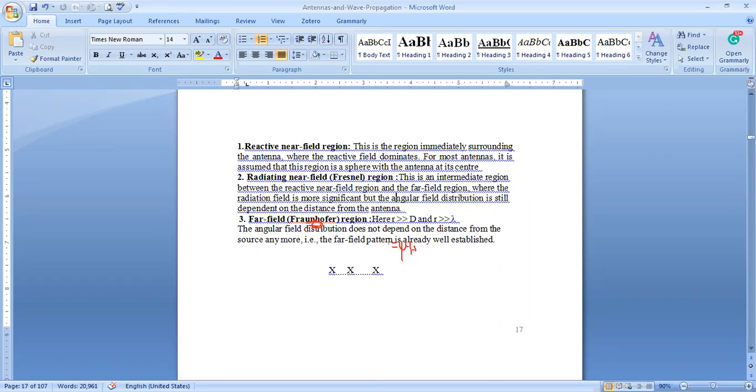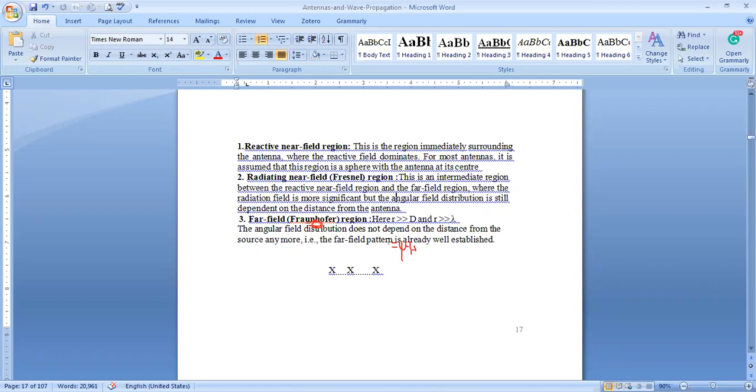In the derivation we observe the terms 1 by r, 1 by r square and 1 by r cube, where r is the distance. Which expression gives the least distance?